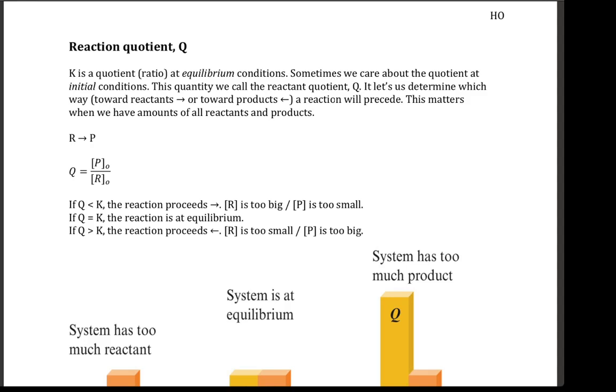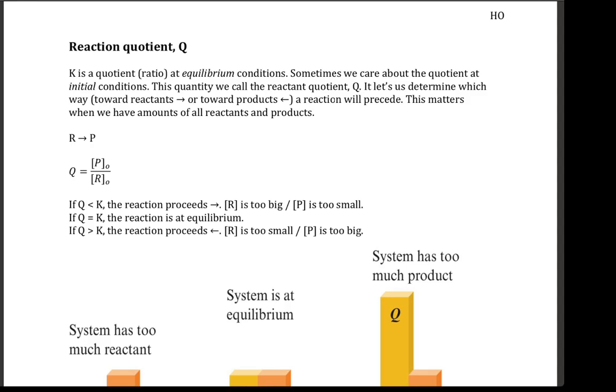This quantity we call the reaction quotient Q. So Q is just like K, except Q is at initial concentrations, or initial pressures if we're dealing with QP. It lets us determine which way, toward reactants or toward products, a reaction will proceed.